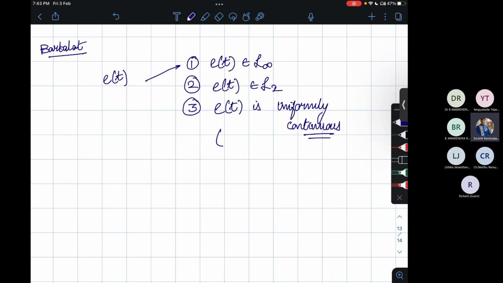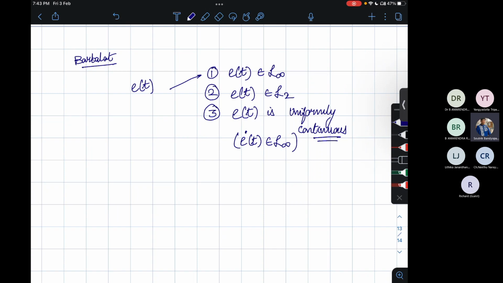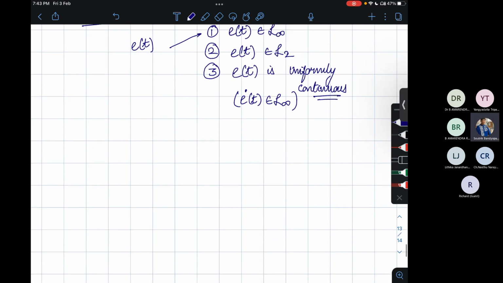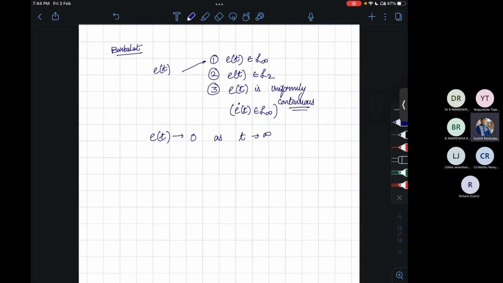This implies that e dot t is bounded. If that is the case, then e(t) goes to 0 as t goes to infinity. This is Barbalat's lemma.